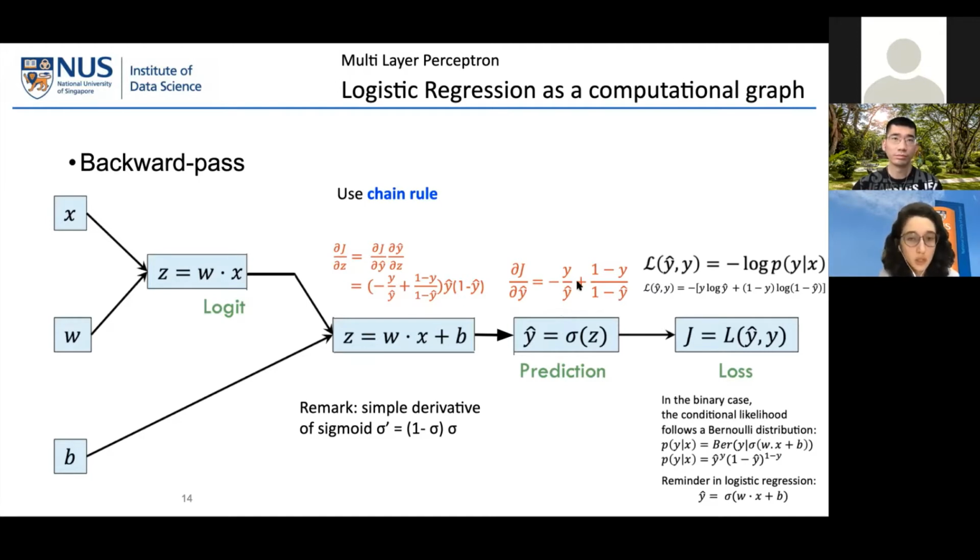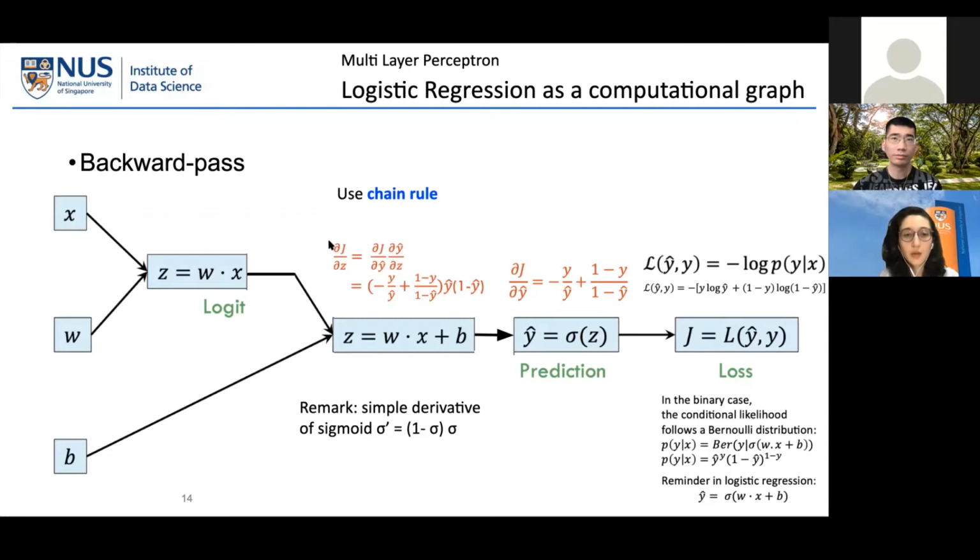If you compute it, it's a partial derivative because only y hat varies, okay? If you calculate it, you will realize that it will be in this form, right? So you have to compute the derivative of the logarithm here. Then if you go backward one more step, here you want to compute the derivative of the cost function depending on z. And here you use a trick called the chain rule.